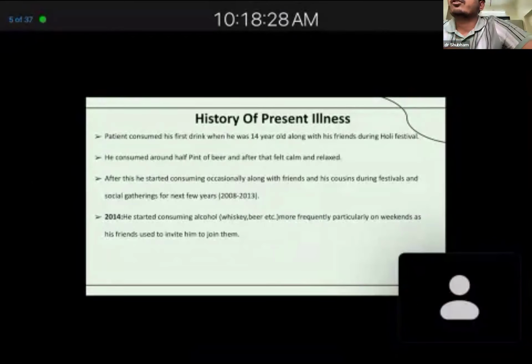I have taken information from the patient and his wife, which is reliable and adequate.